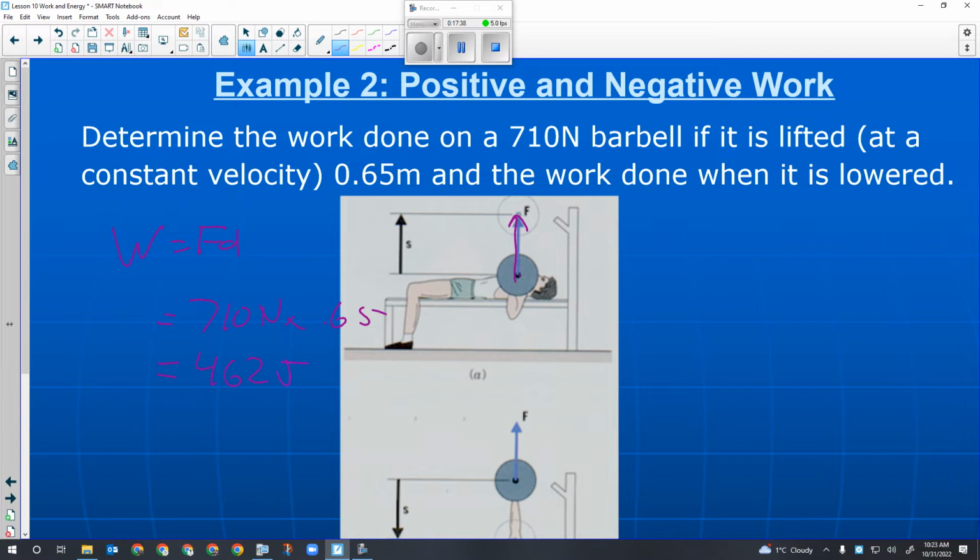Okay, when I lower it, how much work do I do? Let's look at this from the barbell's point of view. When I lifted this, is that how much energy the barbell gains?